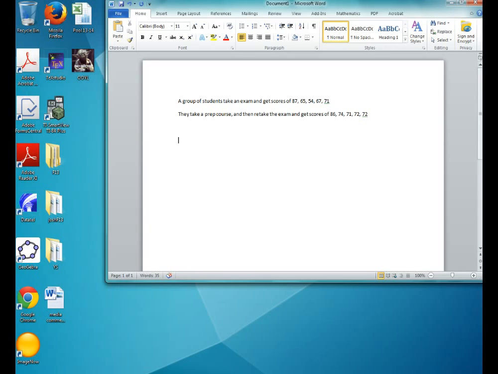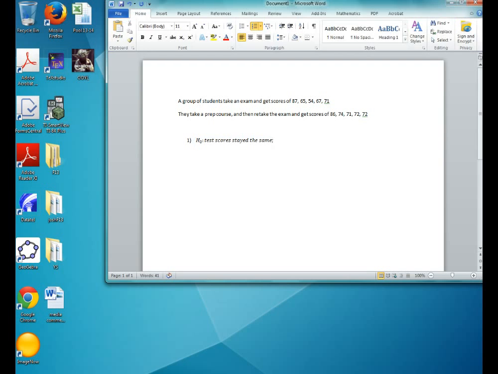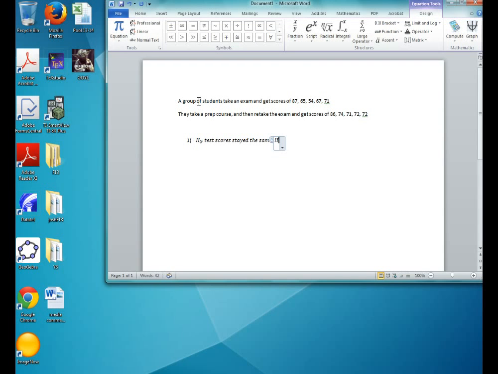The test would be something along the lines of the null hypothesis, H sub 0, test scores stayed the same, versus some kind of alternative hypothesis that says that maybe scores improved.